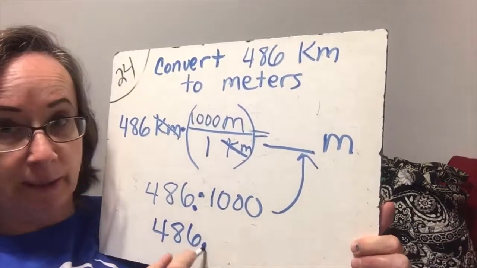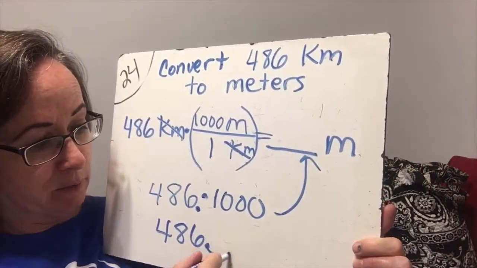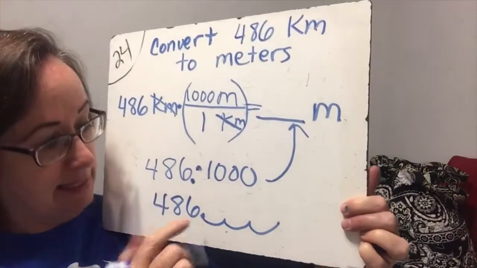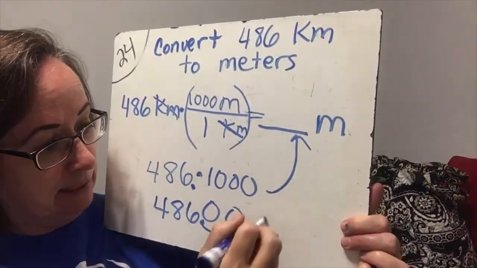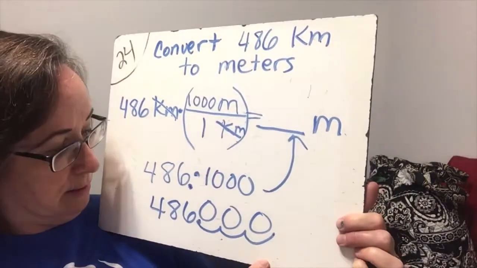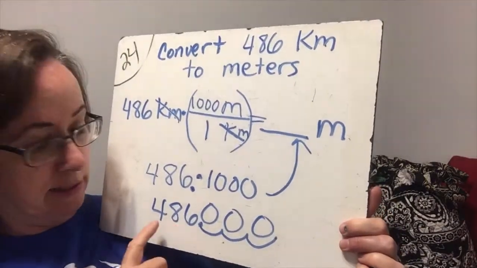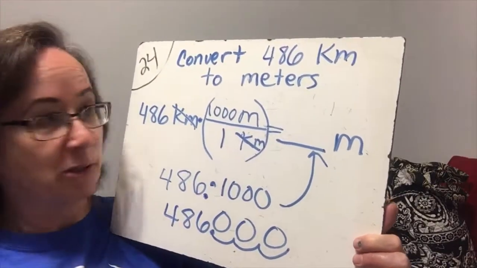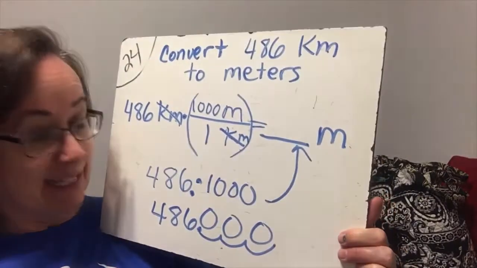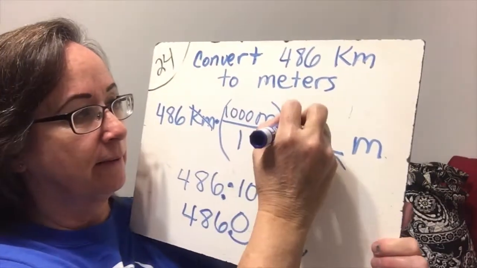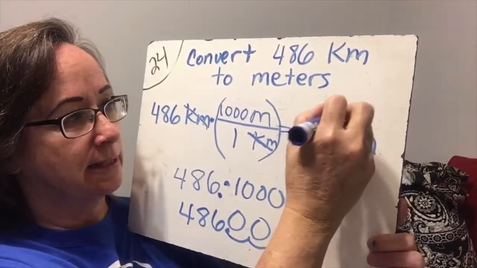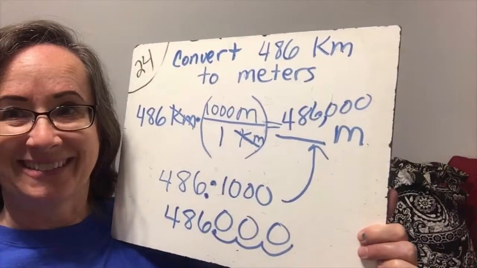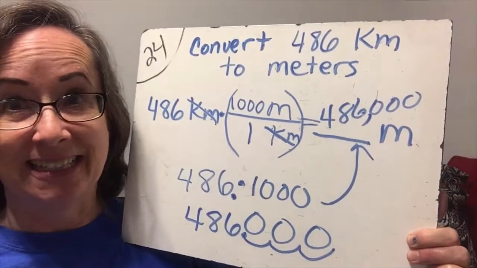I'm going to move the decimal place 1, 2, 3 places to the right, the number of zeros that I see, and then I will fill it in with zeros. So my answer is 486,000 meters. And that is the end of that example.